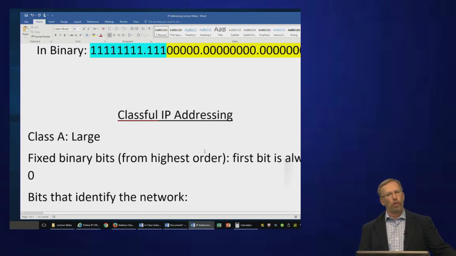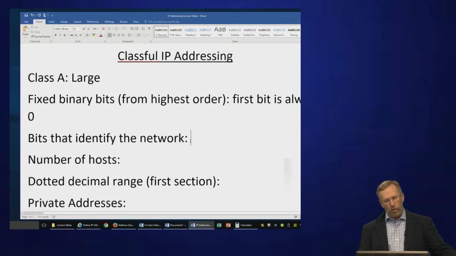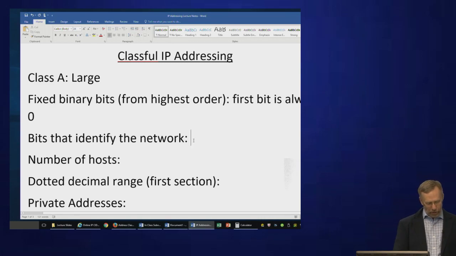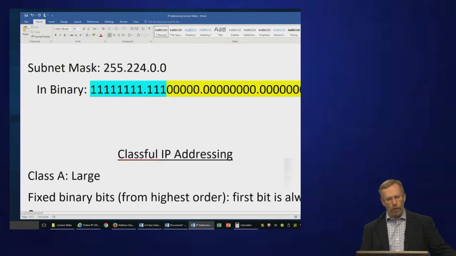The rest of them will change, but the first bit is always 0. However, the bits that identify the network in a Class A network are the first 8 bits. So whatever's in this first 8-bit section identifies the network.